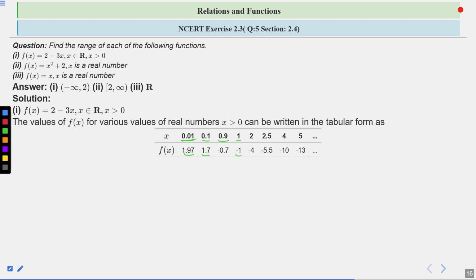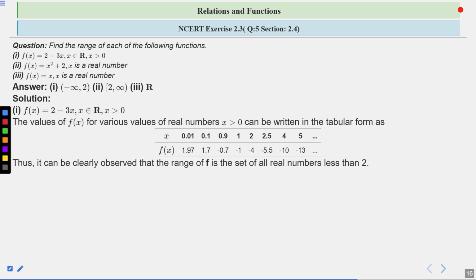So what you are observing is that the range of f is the set of all real numbers less than 2. Yes, 2 is excluded, 2 is not included. Why? Because the output is equal to 2 when x is 0, but we are taking values of x greater than 0. So we get our range set as every real number less than 2.